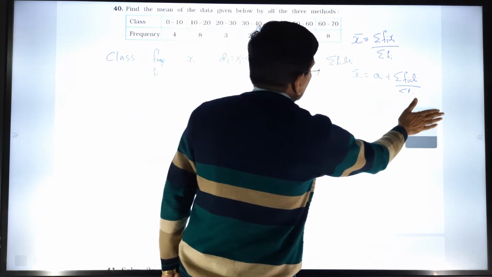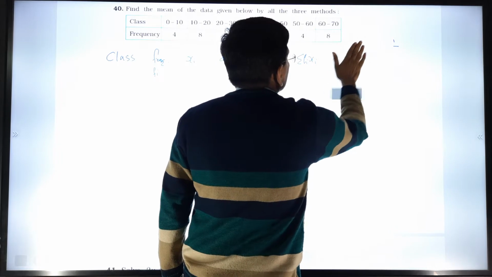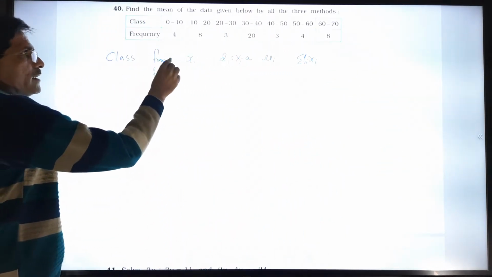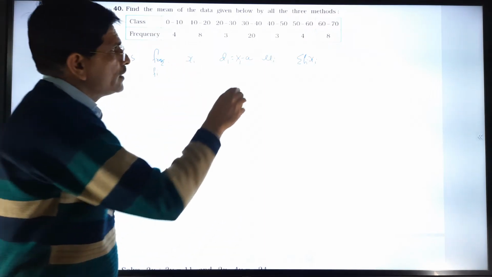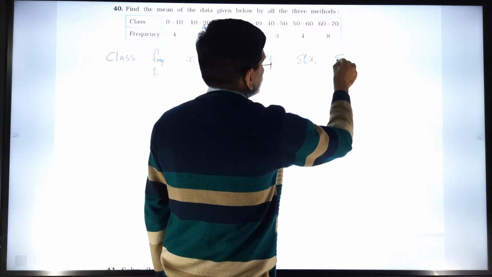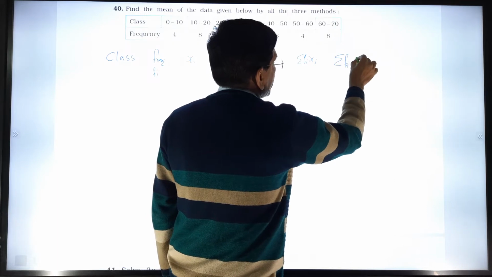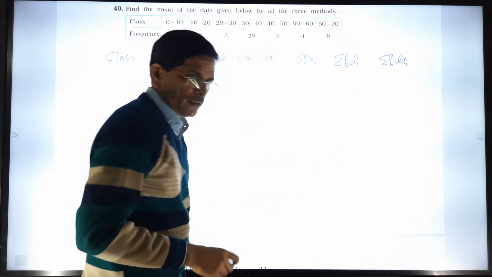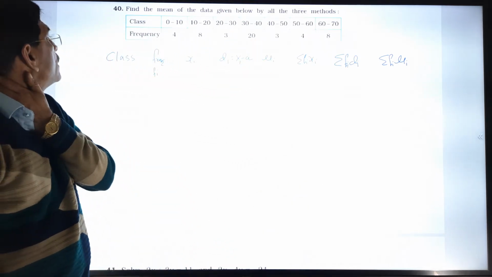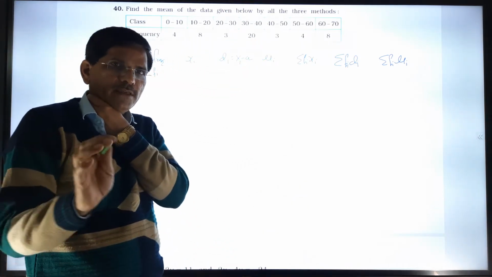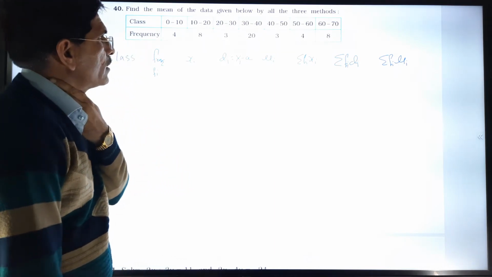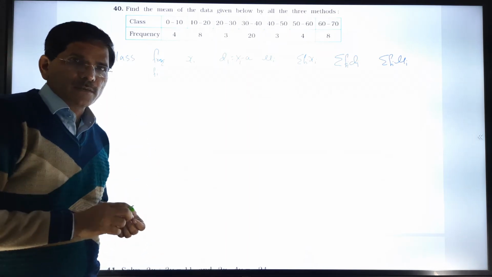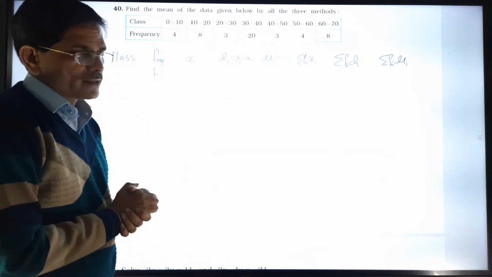So I have to rub these formulas and then again write class, frequency, xi, di, ui, fi xi, fi di and fi ui. But every time the answer must be the same. That is important. Mostly we have seen students compulsorily use the step deviation method to get the perfect answer.